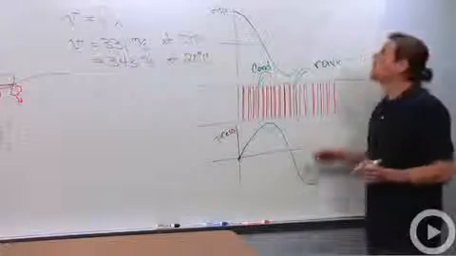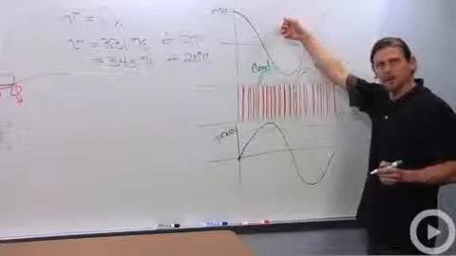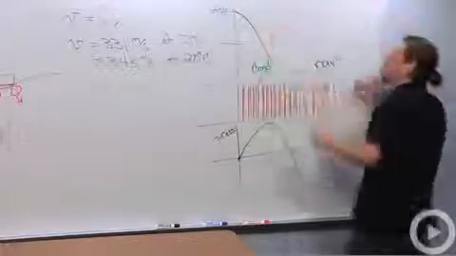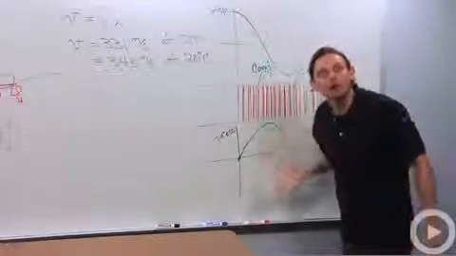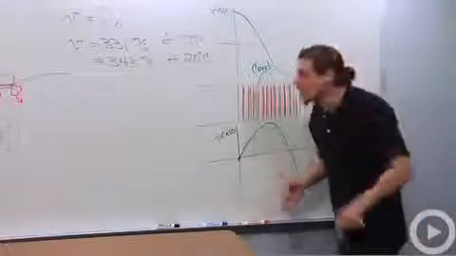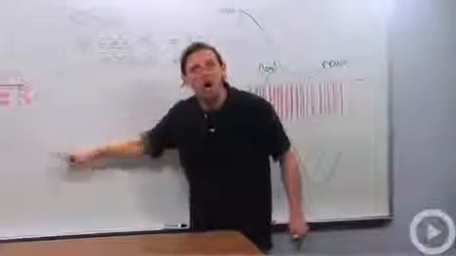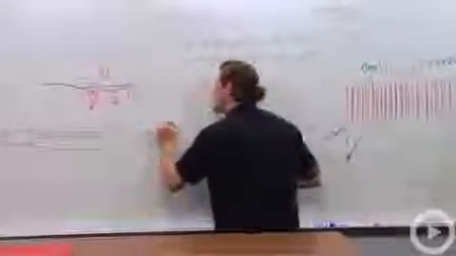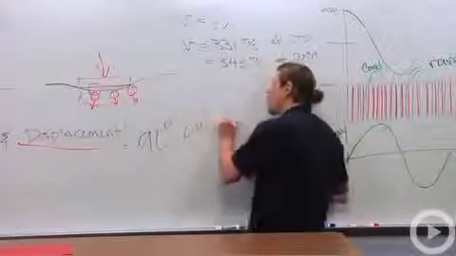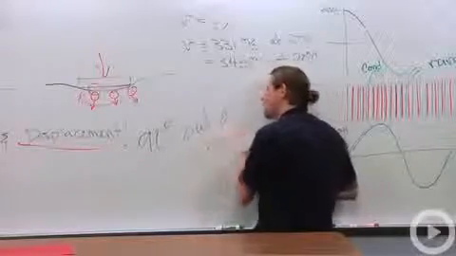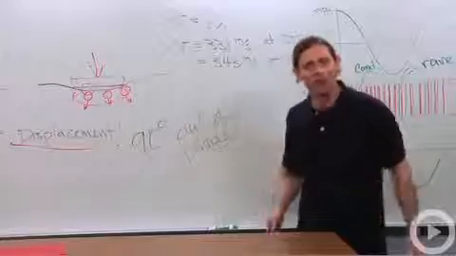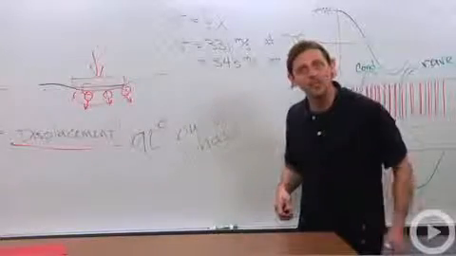If we compare the pressure wave with the displacement wave, we see that we just moved it over to the right 90 degrees. So the pressure and displacement waves are 90 degrees out of phase. This will be very important when we discuss standing waves associated with sound.